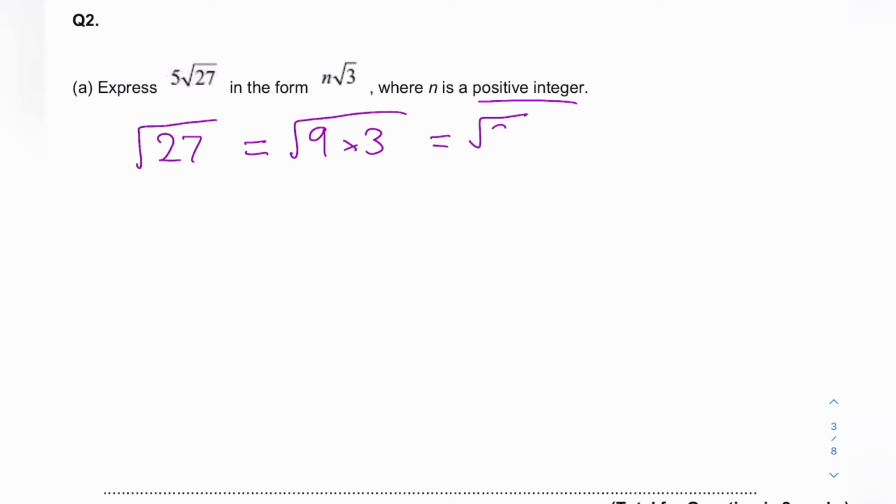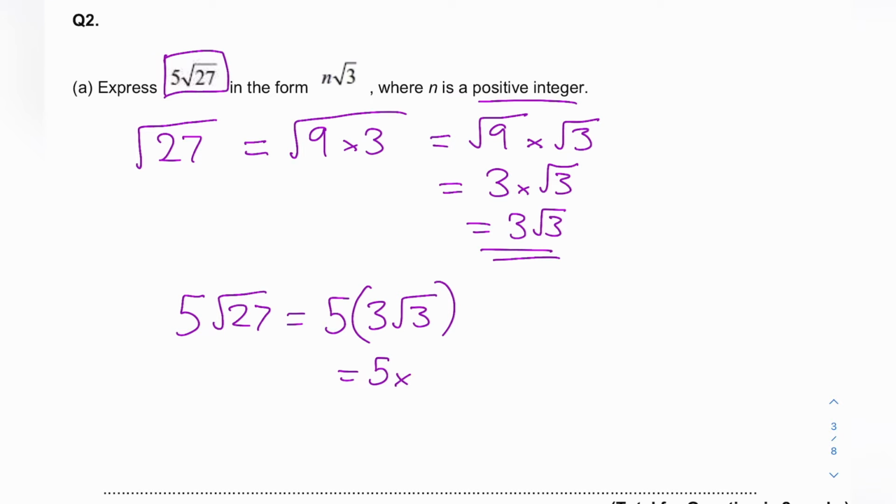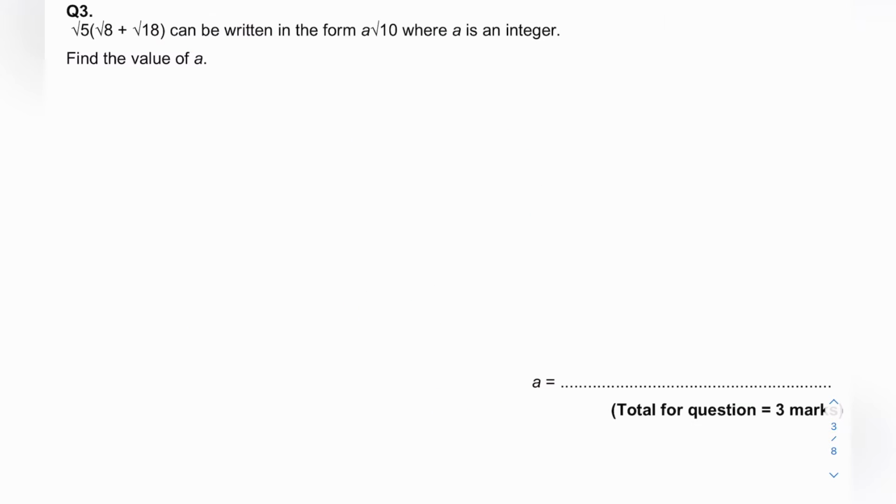I can split up my surd using my first surd rule backwards, and I can evaluate the square root of 9, and that's equal to 3 root 3, and we don't need the times between it. We've got 5 root 27. Well, we've just worked out that root 27 is equal to 3 root 3. So this means I've got to do 5 lots of 3 root 3, which is equal to 15 lots of root 3.